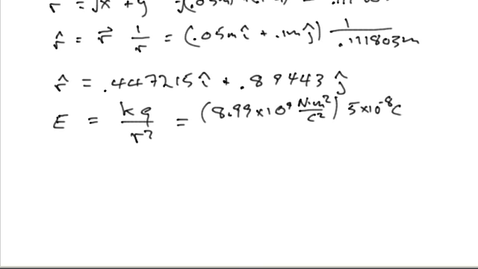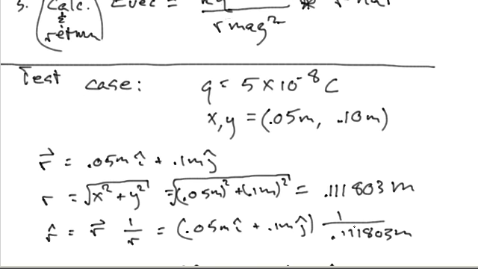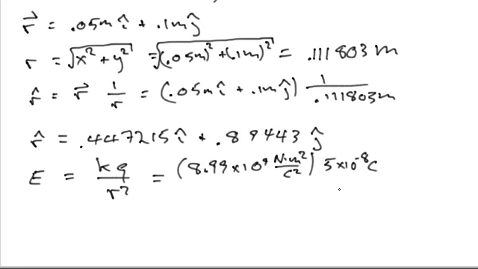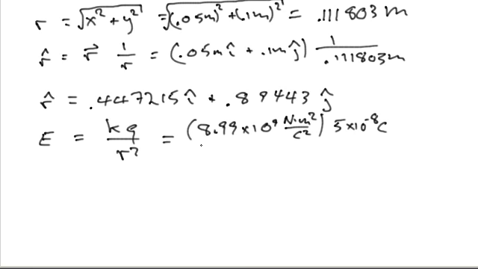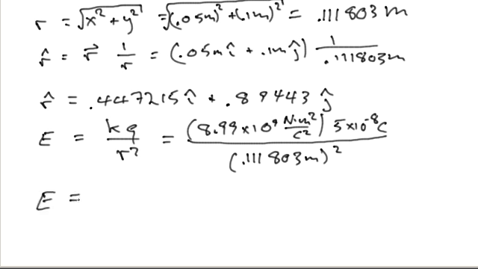Let's check to see what I really picked. 5 times 10 to the minus 8th coulombs, and then divided by R squared, which is 0.111803 meters squared. The meters cancel out, and I'm going to have newtons per coulomb in the end, which is the correct units for E.